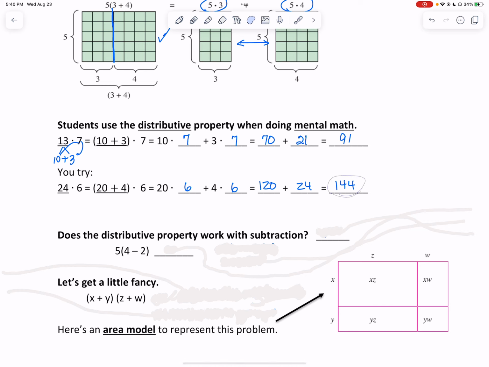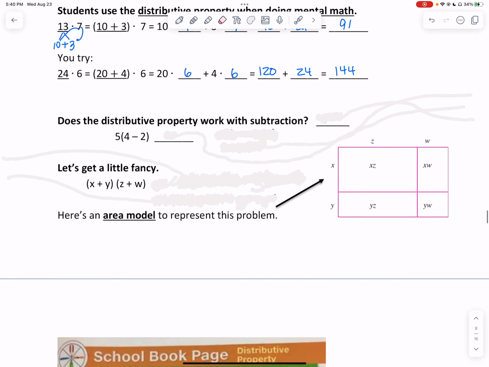When I add them together, 144. So that's how your math teachers are able to multiply in their head. They're not thinking carry the 2 or carry the 1, or as we are supposed to say now, regroup and trade. That's not how they do it. They think of it essentially left to right and use the distributive property.